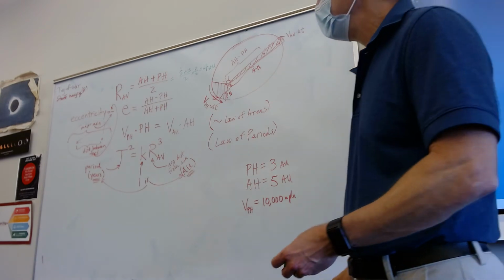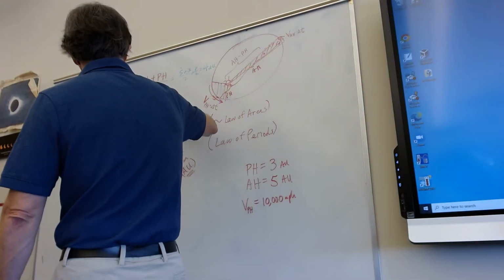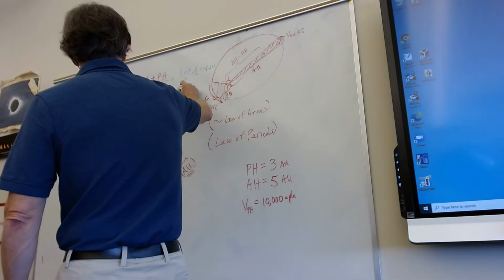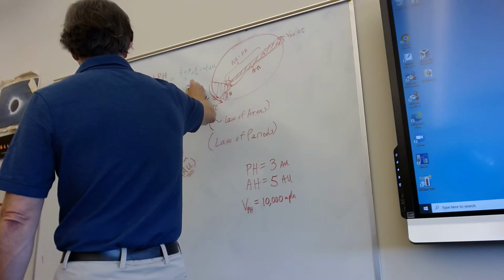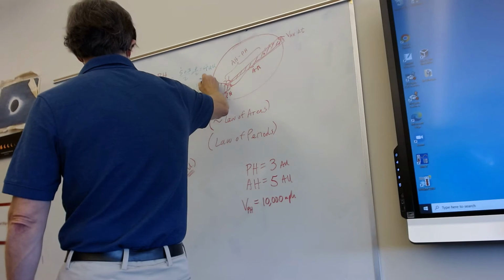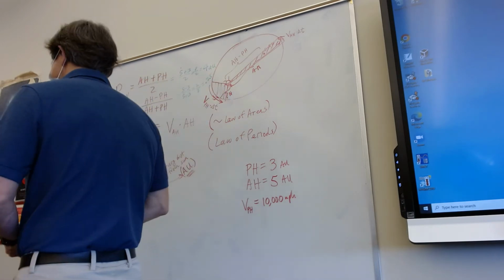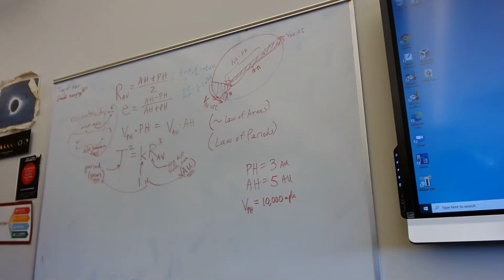Eccentricity. 0.25. It's 5 minus 3 over 5 plus 3. That's 2 over 8. Yes, it is 0.25. That's actually a pretty big eccentricity for a planet, but comets tend to have bigger eccentricities than that.